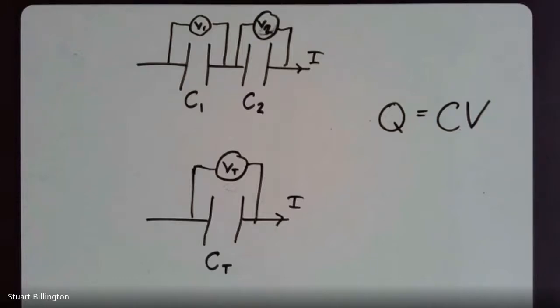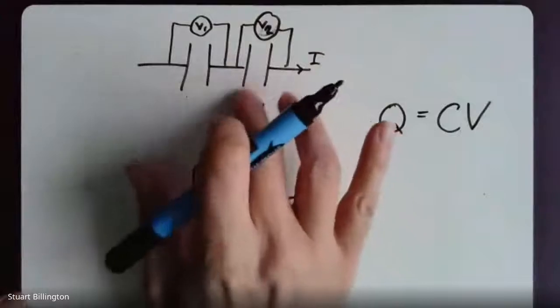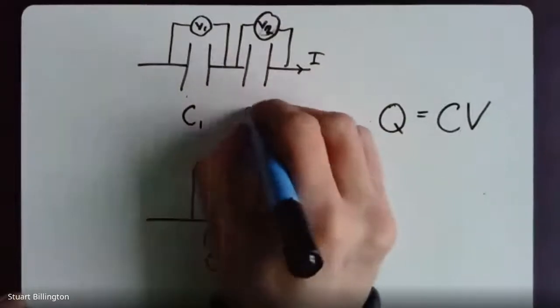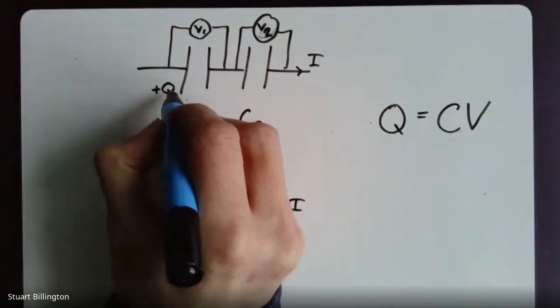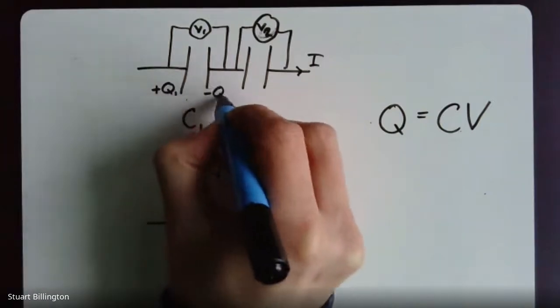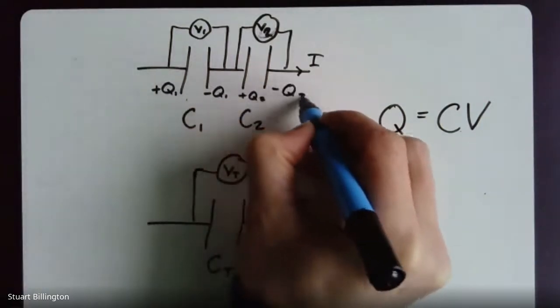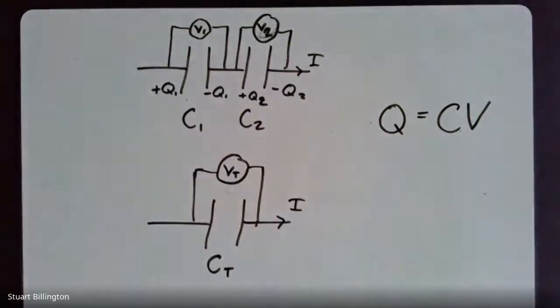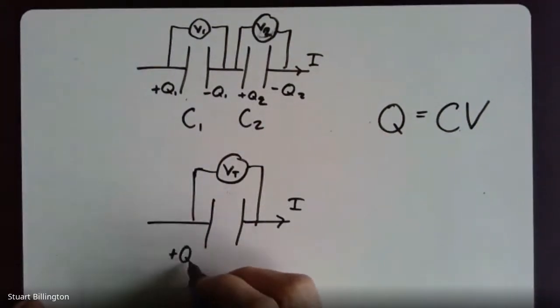Charge. Yeah. So let me just move those C's for a second so I can get some Q's in as well. Right, that one's got plus and minus Q1, and that one's got plus and minus Q2. And then this one will have plus and minus QT.